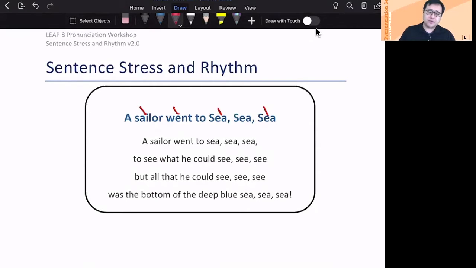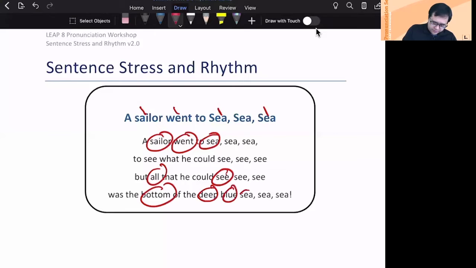So basically what we're doing is we're choosing the key words, the words that contain the most important information, and those are the words that we emphasize. A sailor went to sea, all he could see, bottom deep blue sea. Okay? And that's in essence what sentence stress is.